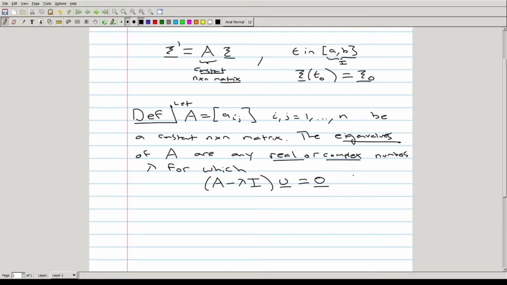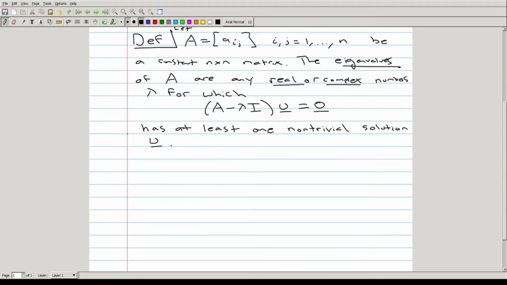So this algebraic system of equations has at least one non-trivial solution, U. And in general, we will have multiple eigenvalues, and for a given eigenvalue lambda, we call the corresponding solution U the eigenvector associated with lambda.